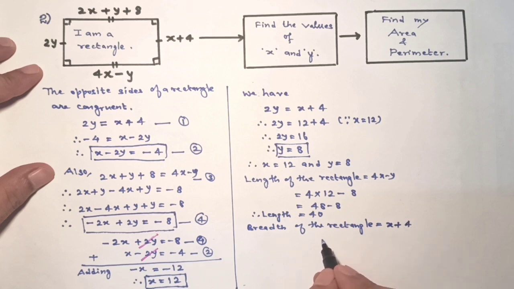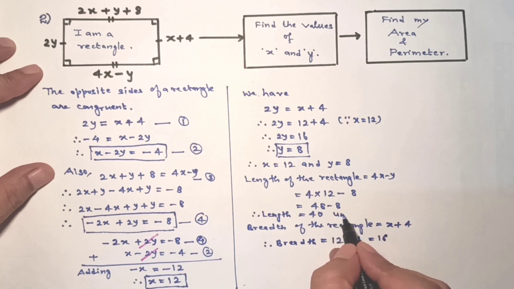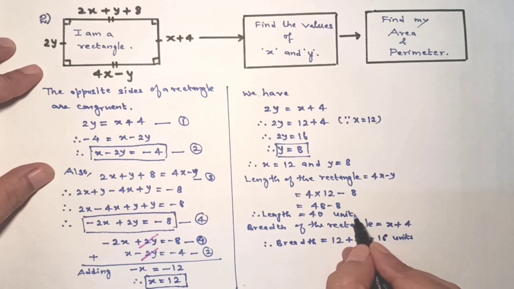X is 12 plus 4, which is 16. So your breadth is 16. You can write here units. So you got length 40 units and breadth 16 units.